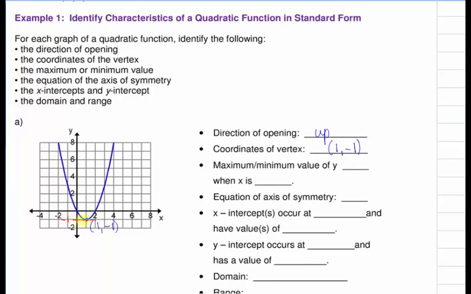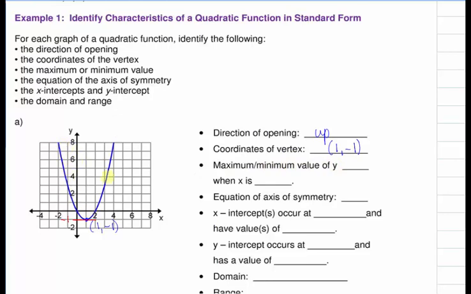Okay, that's the lowest point on our graph. So when we talk about maximum or minimums, we're talking about what is the y-coordinate of our vertex. What is the lowest point on the graph? Or if it opens down, where is the highest point on our graph? What y-coordinate would give you that? Okay, so we get the maximum value or minimum value from our y-coordinate.